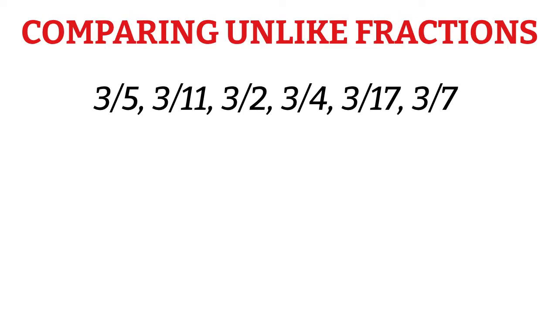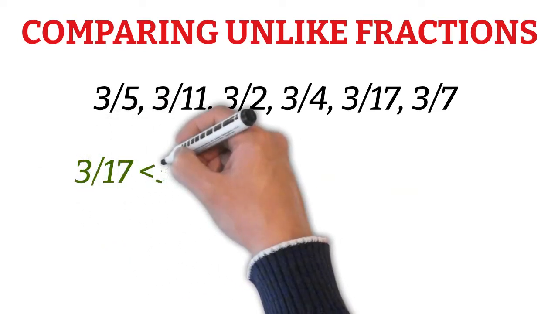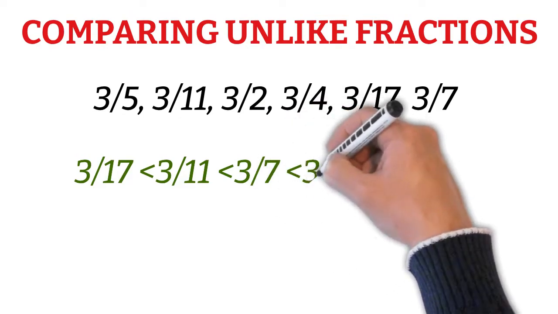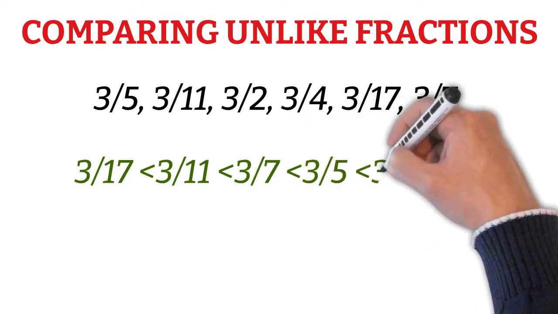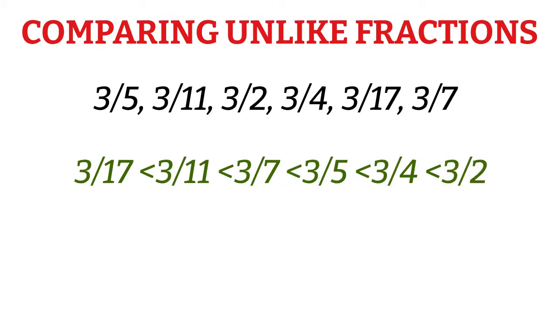So, the fractions with larger denominators are smaller than the others. And we can arrange them in increasing or ascending order like this. 3 by 17 is less than 3 by 11, is less than 3 by 7, is less than 3 by 5, is less than 3 by 4, is less than 3 by 2.